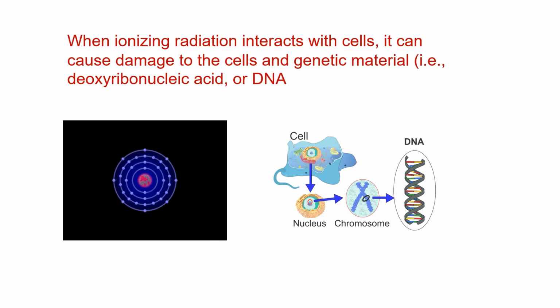It does not necessarily mean that it will be harmful or there will be a biological effect. The greater the amount of radiation used and the higher the signal strength, the more probability of a biological effect happening to the patient.